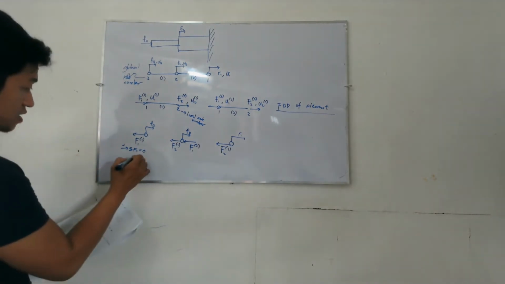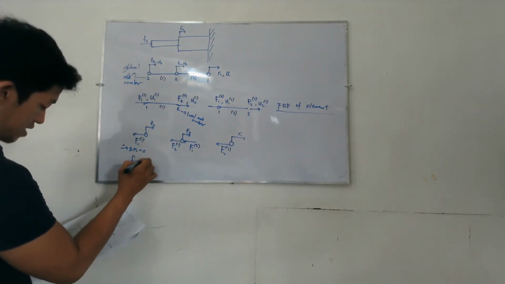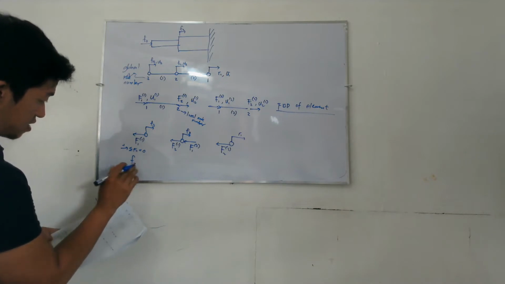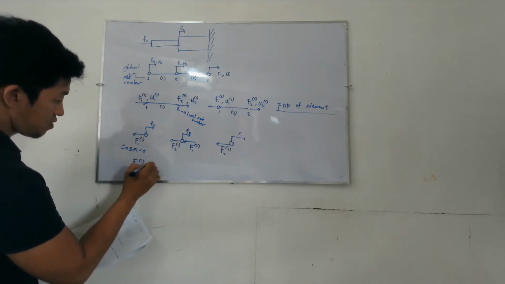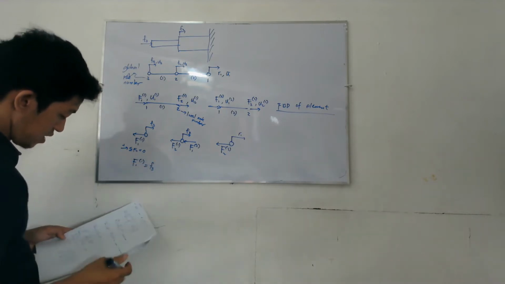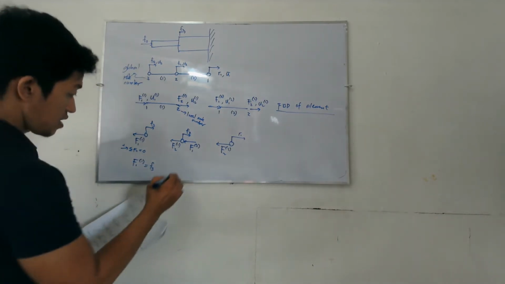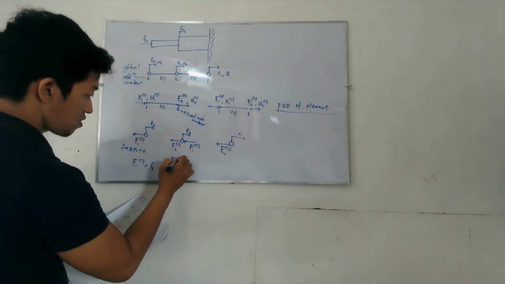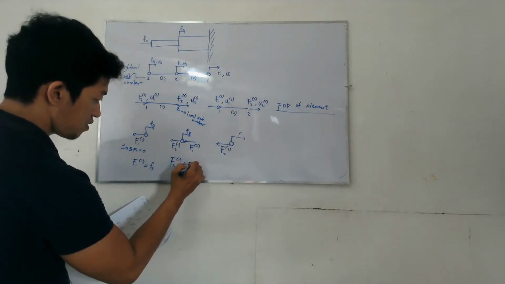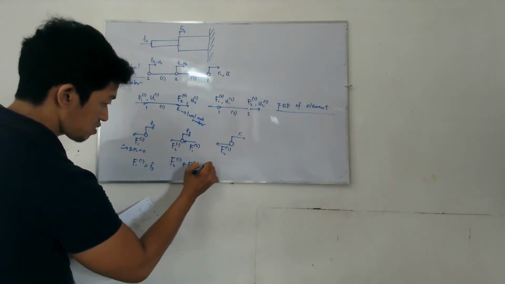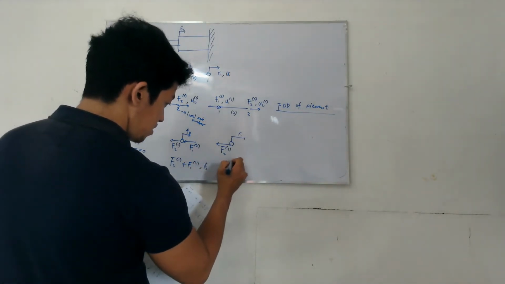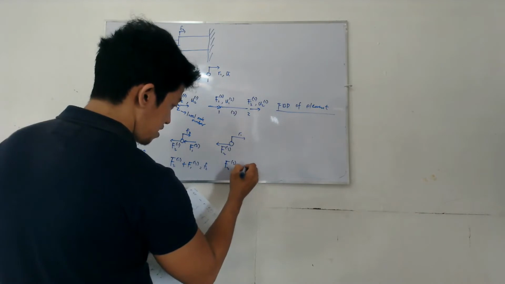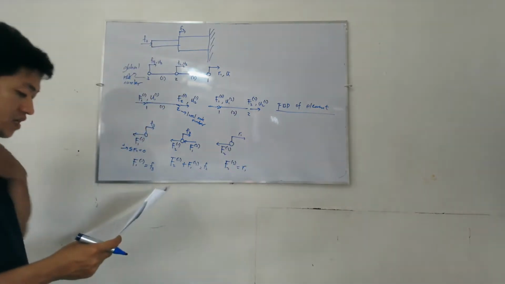So you have F1 of 1 equal to F1 (applied), F2 of 1 plus F1 of 2 is equal to F2, and F2 of 2 is equal to R1.